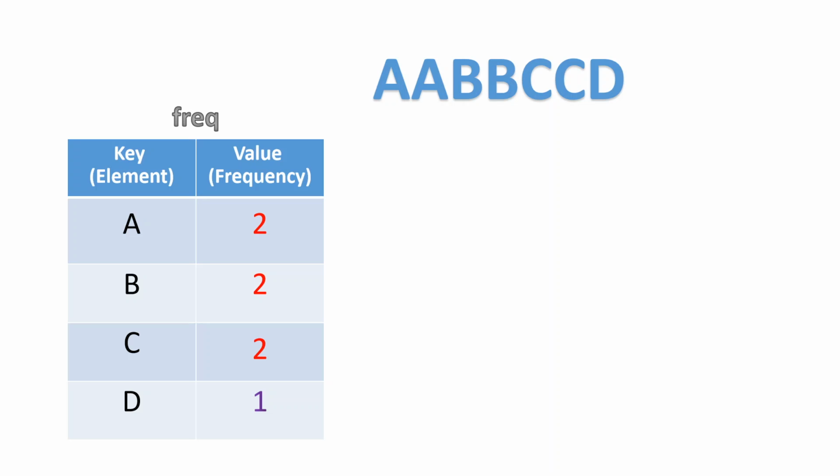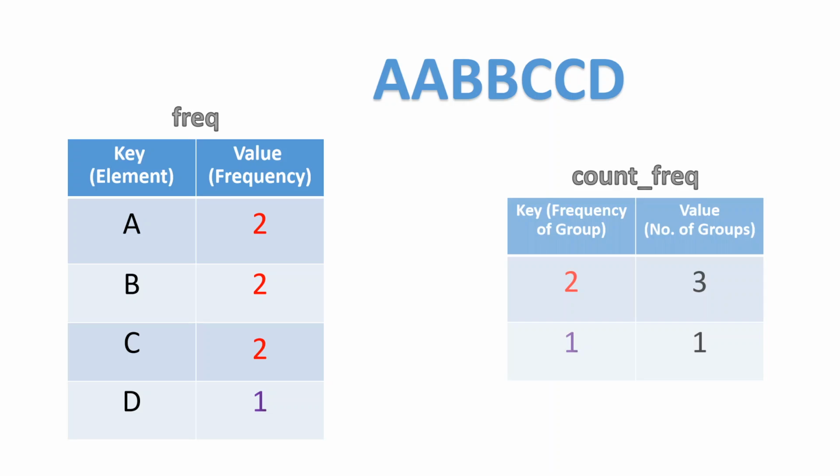As per the idea, we will be grouping the frequencies as per the counts. I'll name that hash map count freq, which is short for count frequency, and it will look like this.